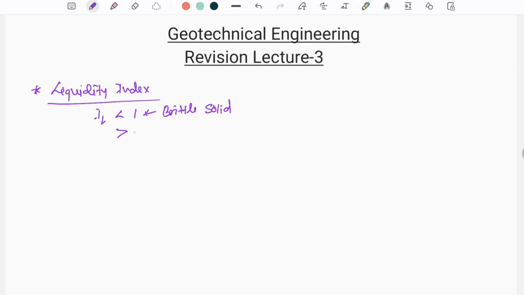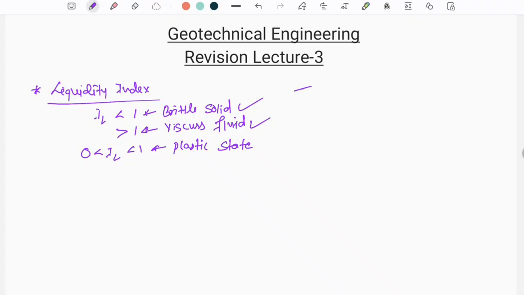And if it is greater than 1, then it is called a viscous fluid. And if IL is between 0 and 1, then it is called the plastic state. So if less than 1 it is brittle, if greater than 1 it is viscous fluid, and if it is between 0 and 1, then it is in the plastic state.